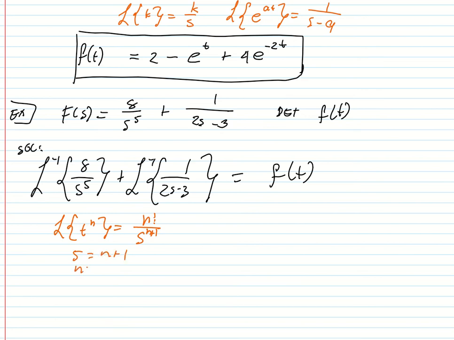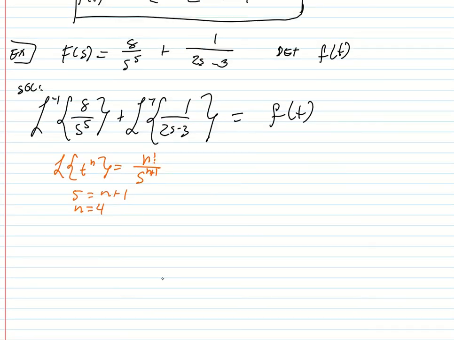So therefore, n is equal to 5 minus 1, or that is 4. If n is equal to 4, this should be 4 factorial all over s raised to 4 plus 1.